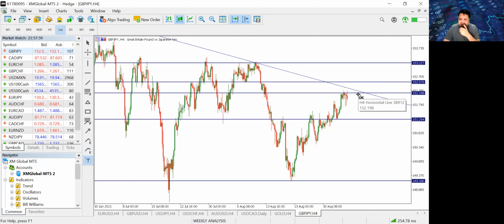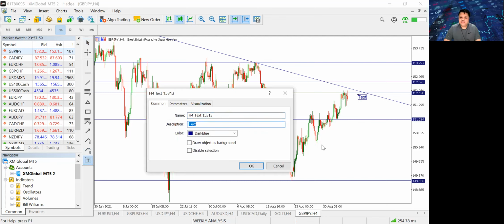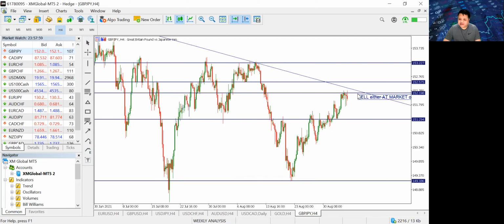So you sell either right away, no? Either at market or limit. Then if limit, 152.198. Alright? If at market lang, whatever is the price of the market. So sell either at market or limit, o sell limit, ibig sabihin, 152.198.